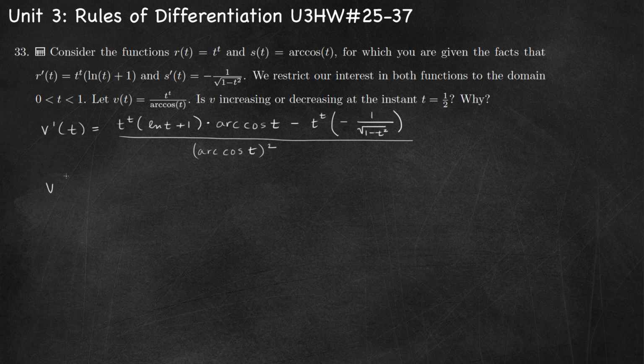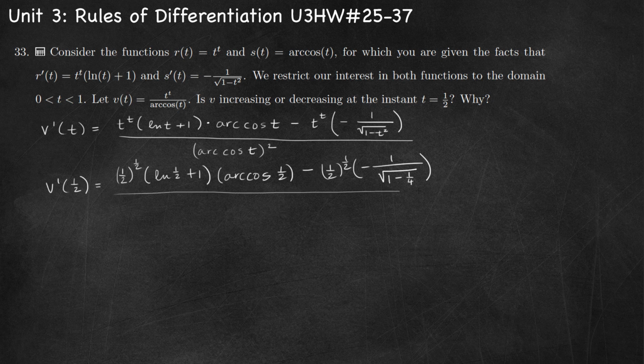Now I want to know, what is v prime of 1/2? So that's going to be 1/2 to the power 1/2 times (natural log of 1/2 plus 1) times the arc cosine of 1/2 minus 1/2 to the power 1/2 times negative 1 over square root of 1 minus 1/2 squared, which is 1/4.